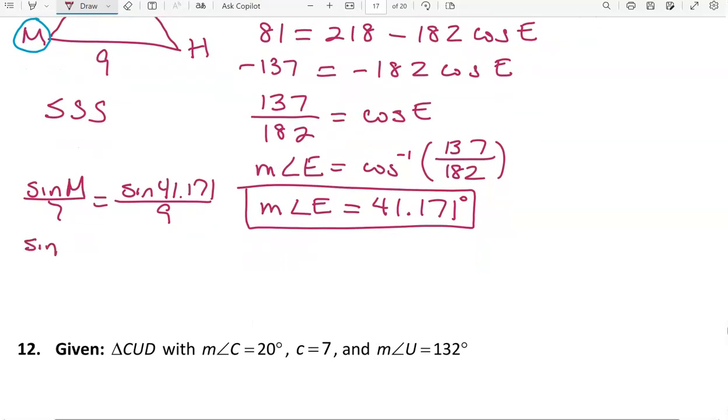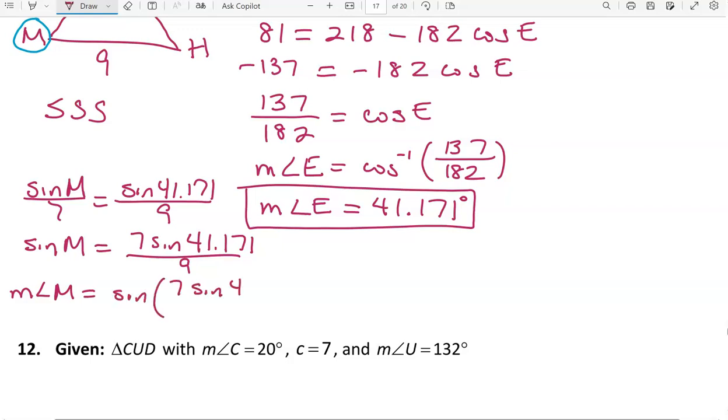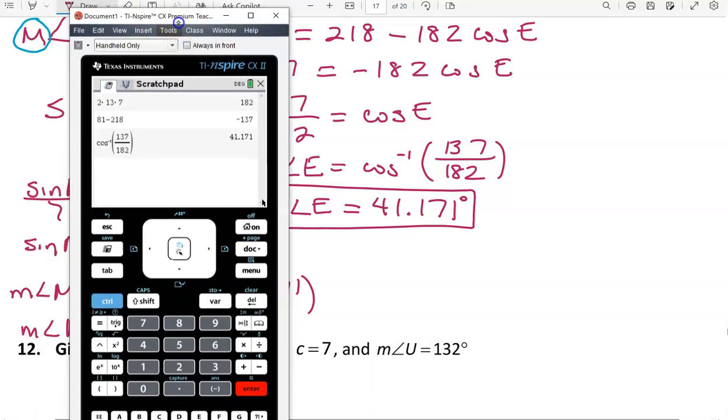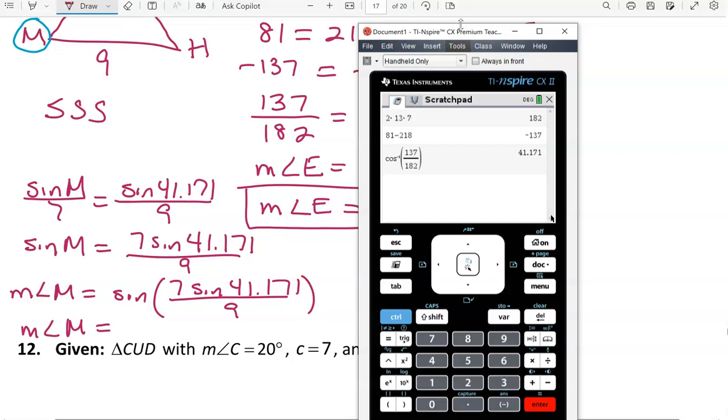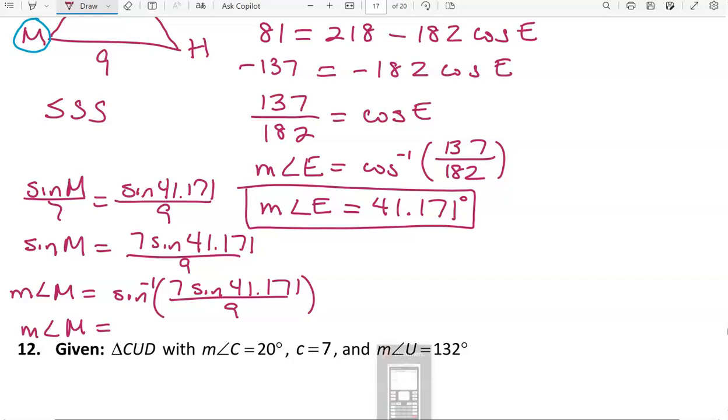So multiplying by 7, sine of angle M is 7 times the sine of 41.171 divided by 9. And that means the measure of angle M is the inverse sine of that expression. And I wrote that wrong, that's the sine inverse there.